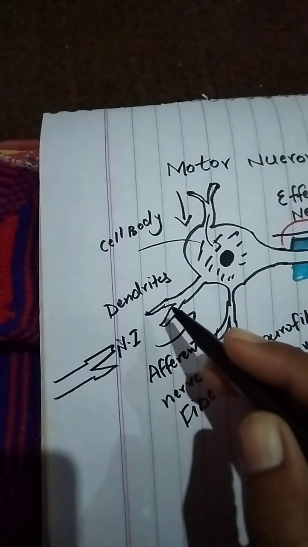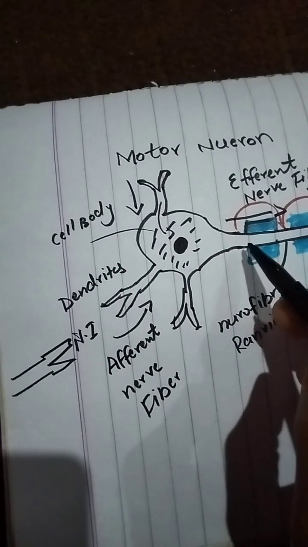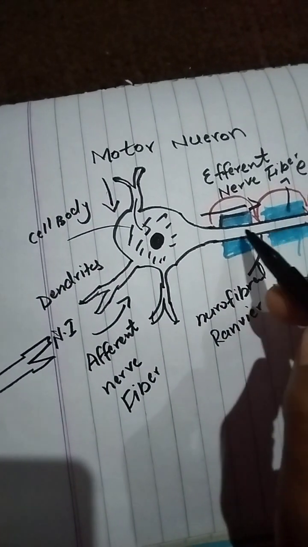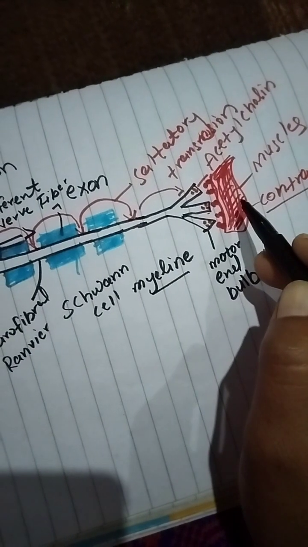And the nerve that carries nerve impulses away from the cell body toward the peripheral nervous system is called the axon.